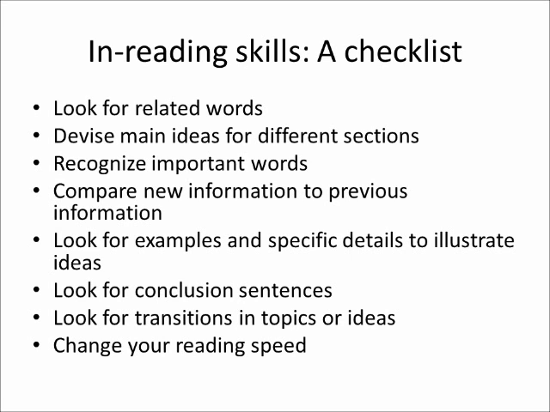Like we said earlier, it's an adaptive process, a flexible process, and so we can speed up or slow down. These are things that we can actually practice in the classroom.